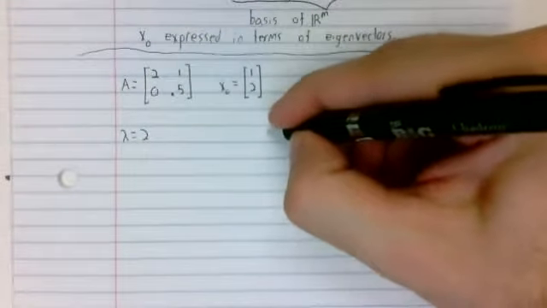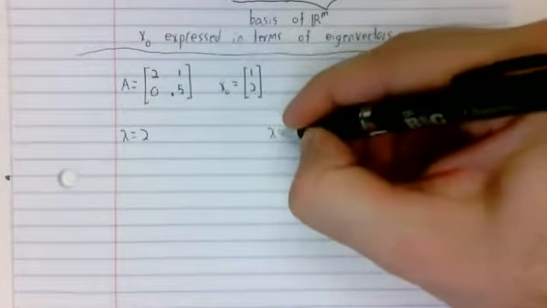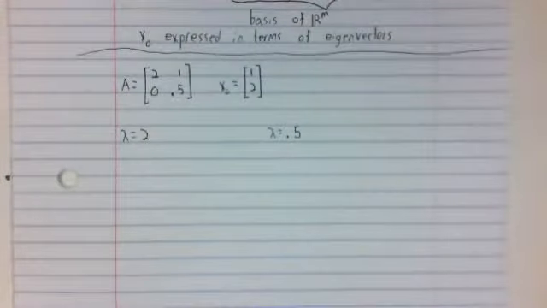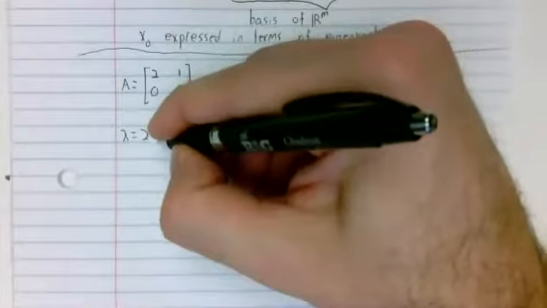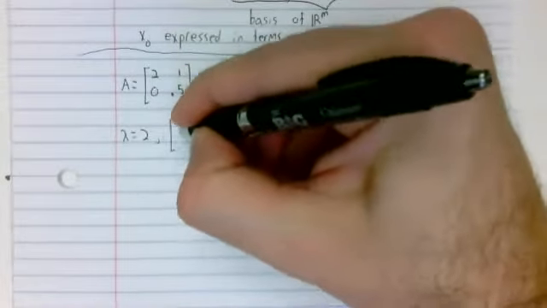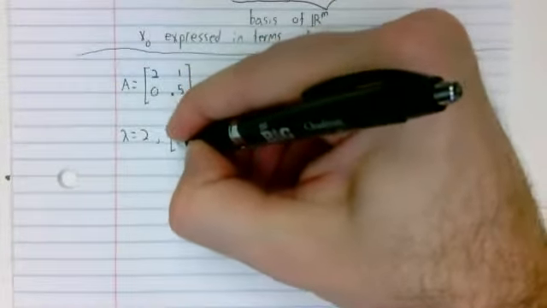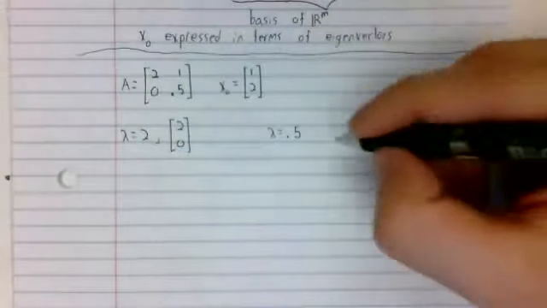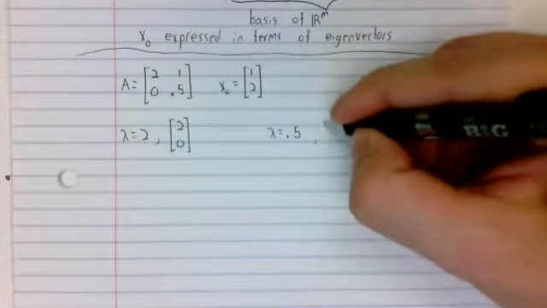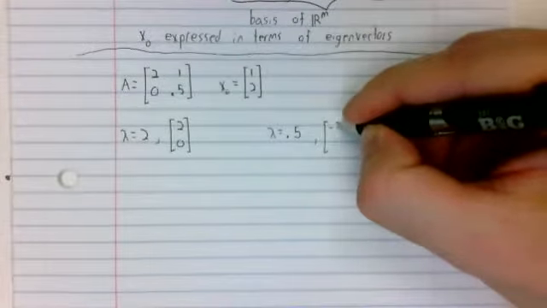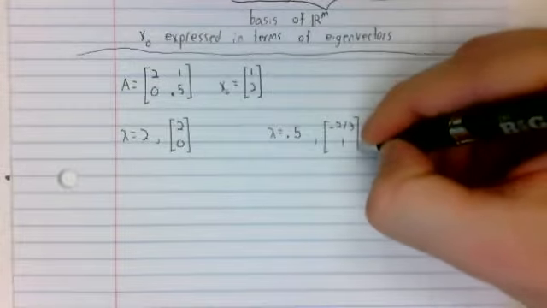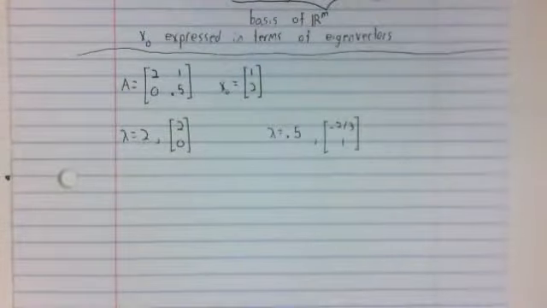Our eigenvalues are simply the diagonal elements. And we find corresponding eigenvectors, say 2, 0, and negative 2/3, 1.